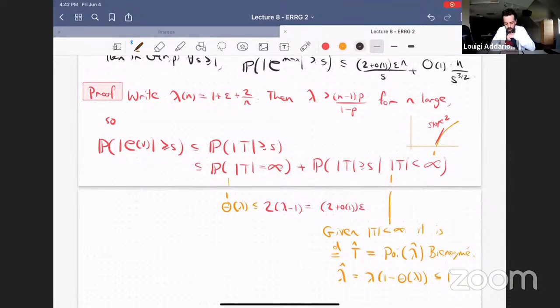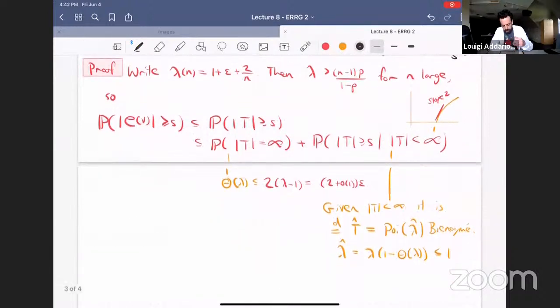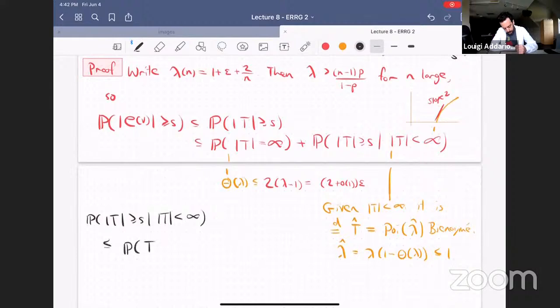Okay, so let's just use that bound to say that the probability that T is at least s, given that T is finite, is at most the probability that a Poisson 1 Galton-Watson tree has size at least s.